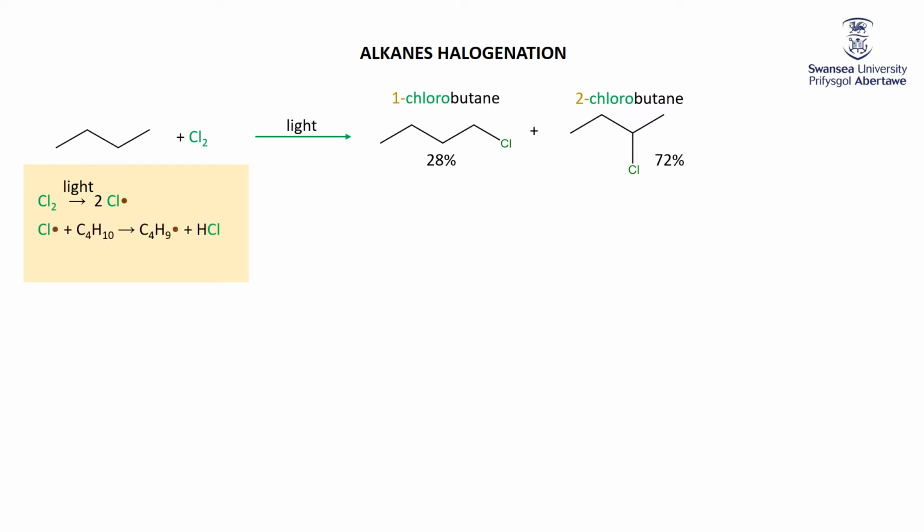One of those chlorine atoms can then bump into a molecule of butane, C4H10, making the butyl radical, because the chlorine grabs itself a hydrogen from the butane, makes HCl, which is one of the products of the reaction, and then the butyl radical there. And then another propagation step, the butyl radical grabs another chlorine molecule, knocks out a chlorine radical, and makes the butyl chloride or the chlorobutane. And of course, this is the general mechanism, whether we're talking about this product being 1-chlorobutane or 2-chlorobutane, because they are, of course, isomers of each other.